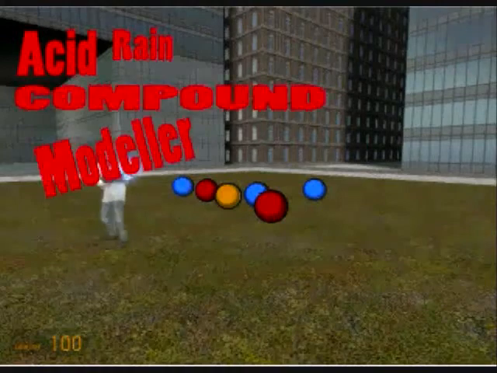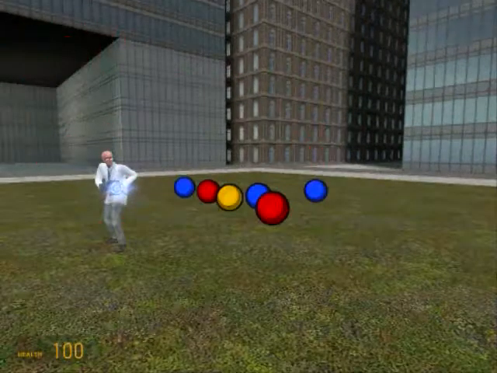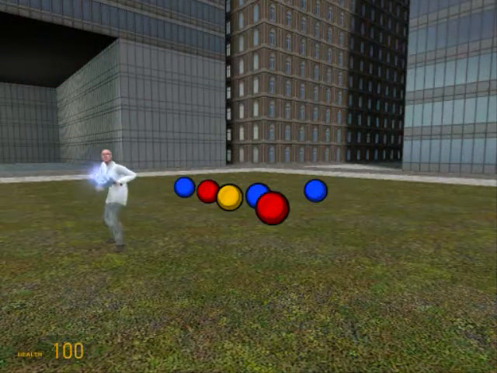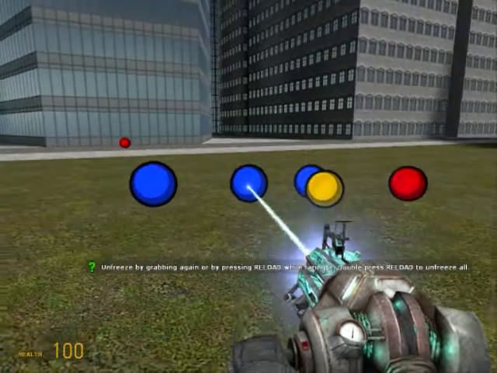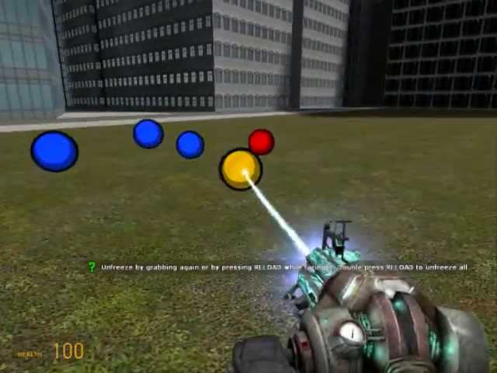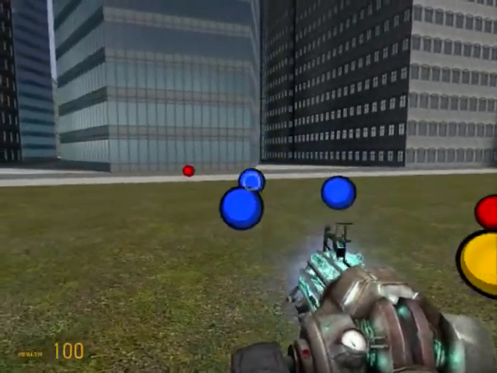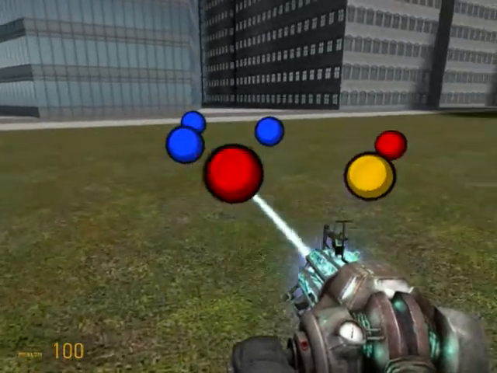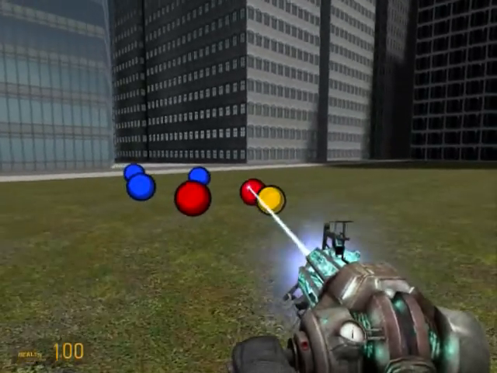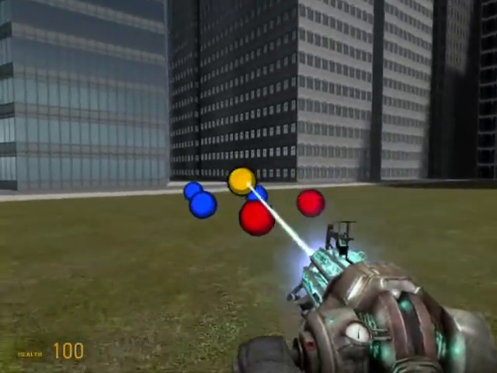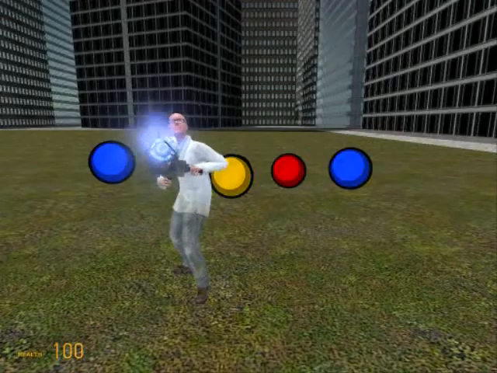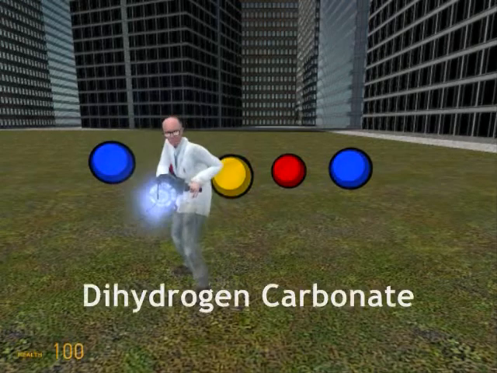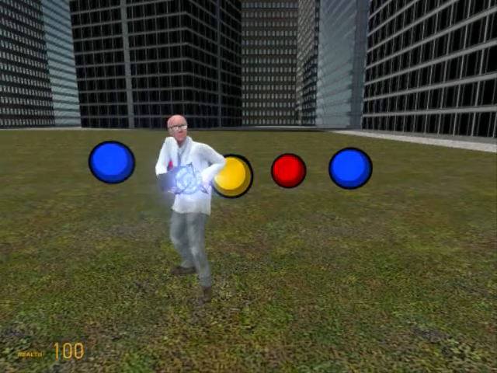Beside me is the acid rain compound modeler of science. Using these, we will model the compound that makes up acid precipitation. The full name of what makes up acid rain is dihydrogen carbonate.